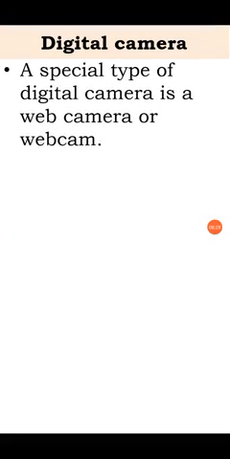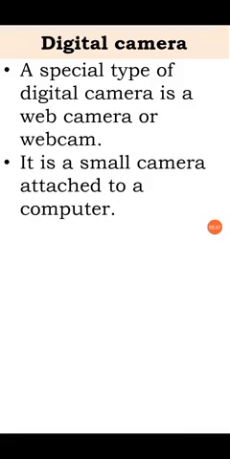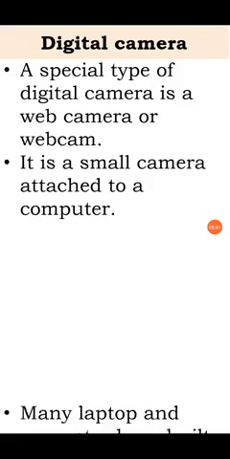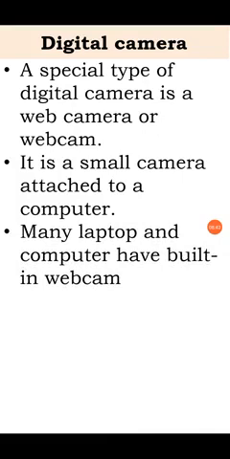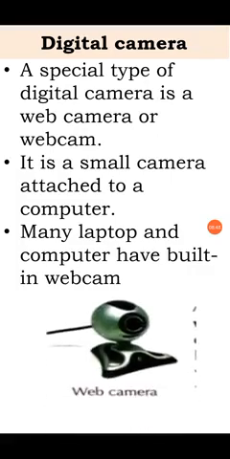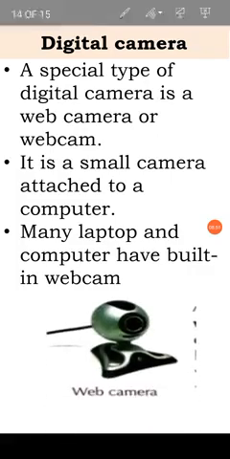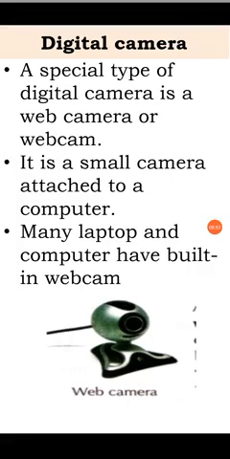A special type of digital camera is a web camera or webcam. It is a small camera attached to a computer. Many laptops and computers have a built-in webcam. This is a webcam.